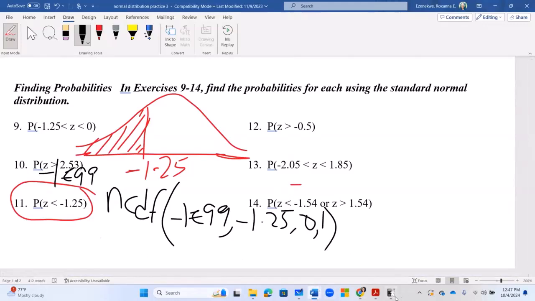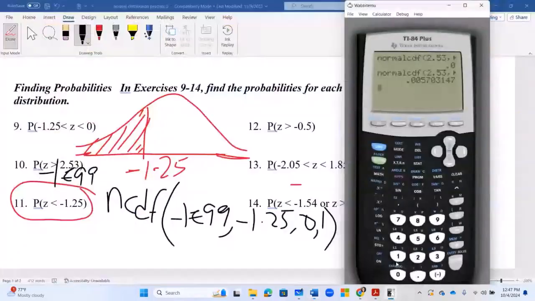Now I pull my calculator up and go to distribution. Where do I see distribution? Second verse, and normal CDF is number 2.